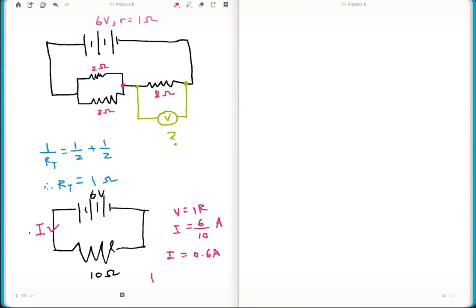Therefore V equals IR, 0.6 times 8 ohm, so your voltage reading is supposed to be 4.8 volt. This is how you need to solve it. The rule of thumb is to simplify this complex circuit into one simple circuit, called the effective resistance, then find out the current.